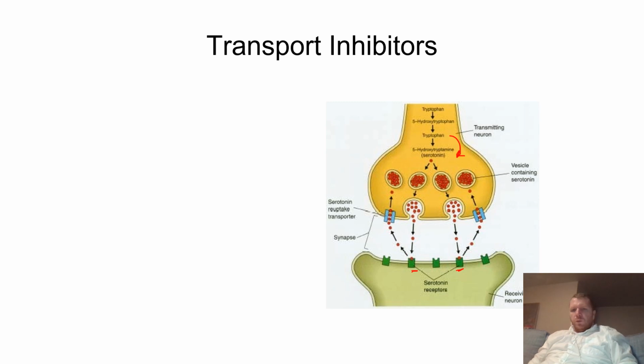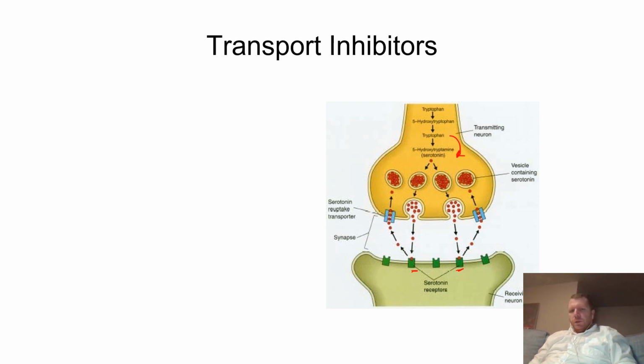The space between these two neurons is known as a synapse, but also what's unique about these receptor proteins, these serotonin receptors, is they will bind to serotonin, but ultimately they will release it. That released serotonin goes back to the neuron that released it originally.